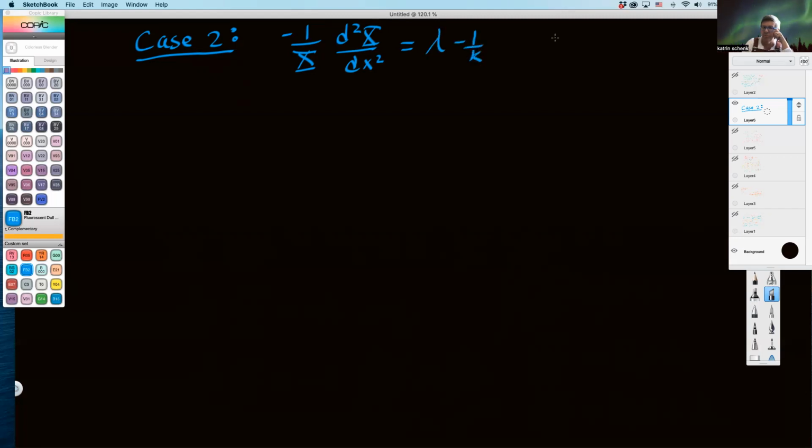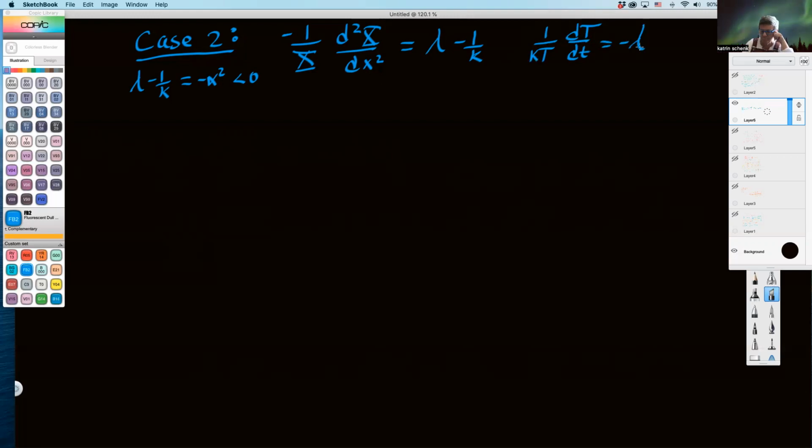That's our starting equation, and we haven't set the case yet, but case 2 is lambda minus 1 over k is equal to minus alpha squared, which is less than 0. And then the T equation remains 1 over kT dT over dt equals minus lambda. Okay, cool.